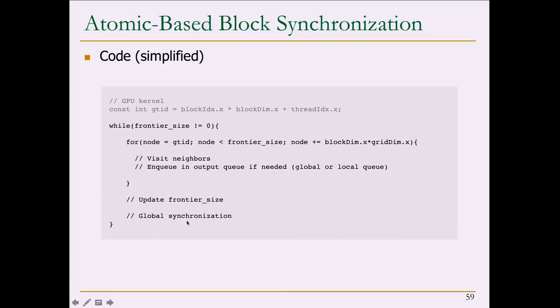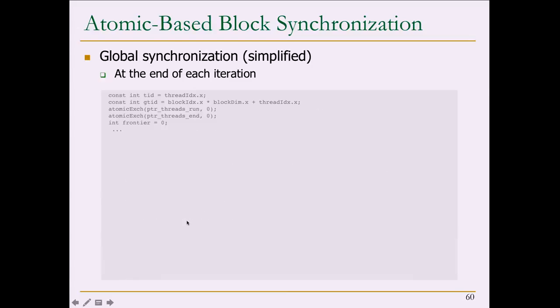That will be checked in the beginning of the next iteration of the while loop, and then we have this global synchronization. How do we implement this global synchronization? There might be different possibilities. I'm just going to show you one way of doing this. In each of the thread blocks, we consider that we have one leader thread, typically thread 0 in the thread block, okay? But we're also going to have a leader thread in the entire GPU.